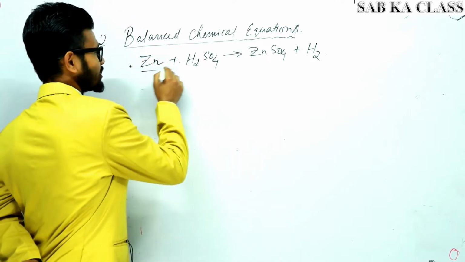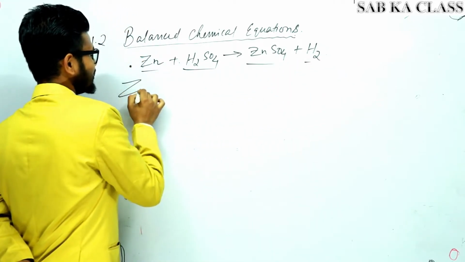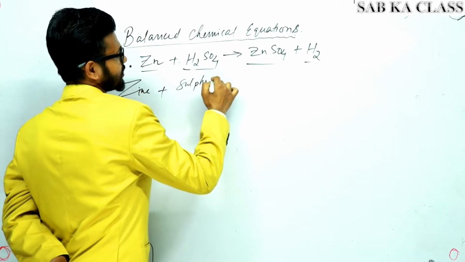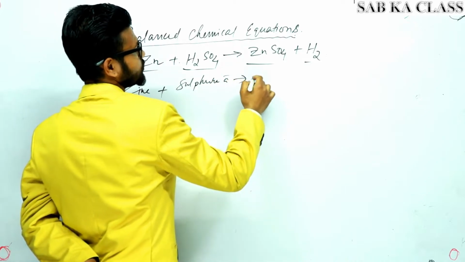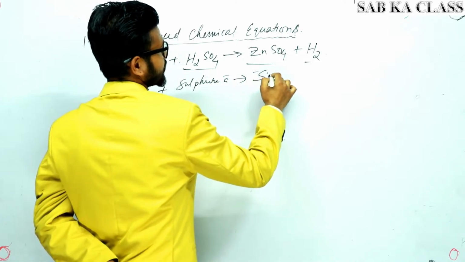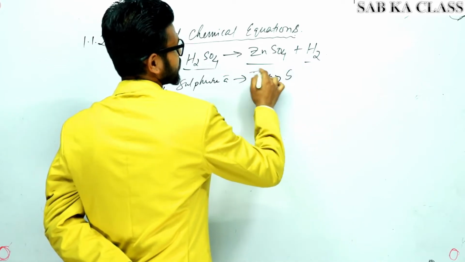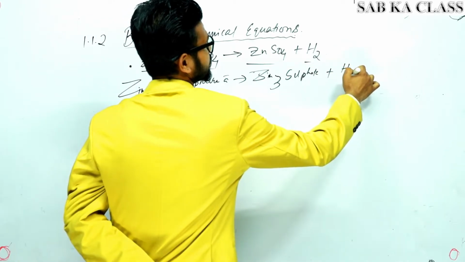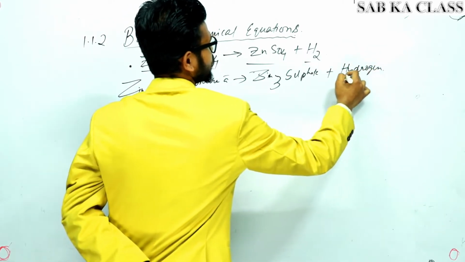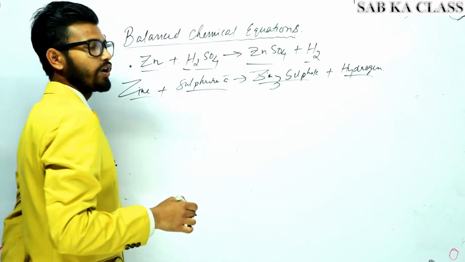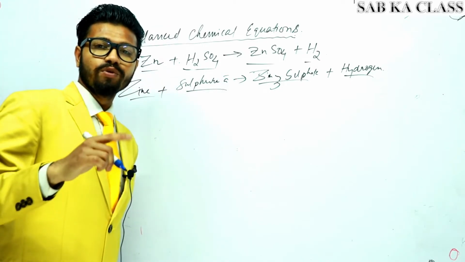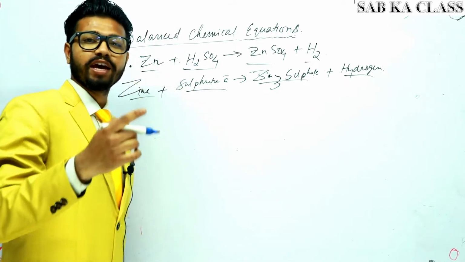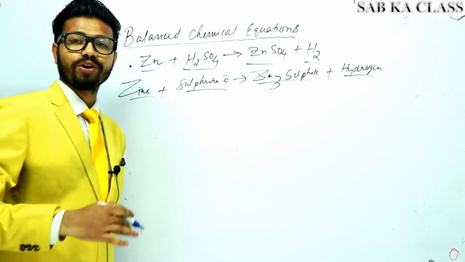Suppose instead of this formula, you will be given: zinc plus sulfuric acid gives zinc sulfate plus hydrogen. So in the exam you will be given such a word equation.